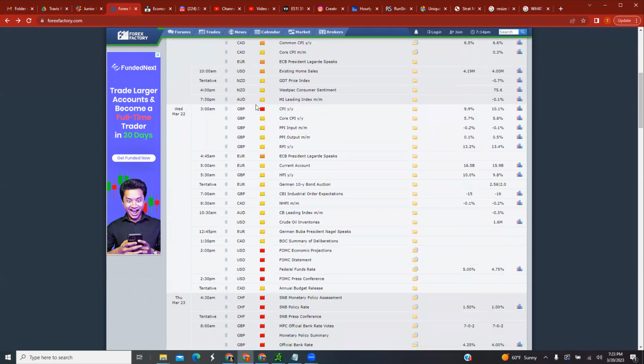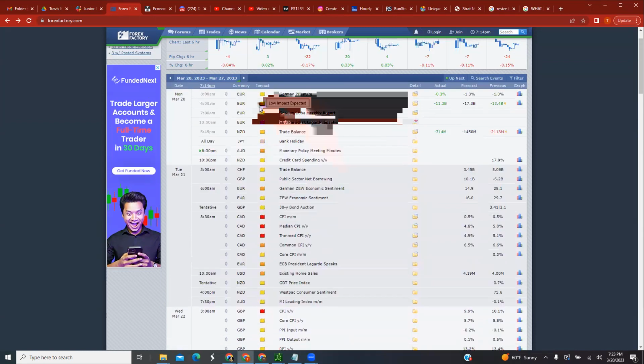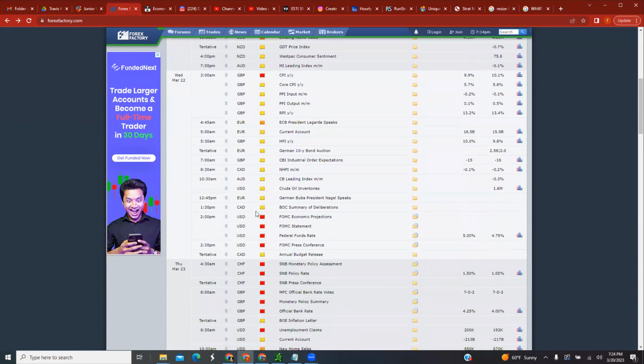Looking at Wednesday, now these folders are color coded. So we have red here for Wednesday, and this is high impact as it displays, as it pops up on the screen.